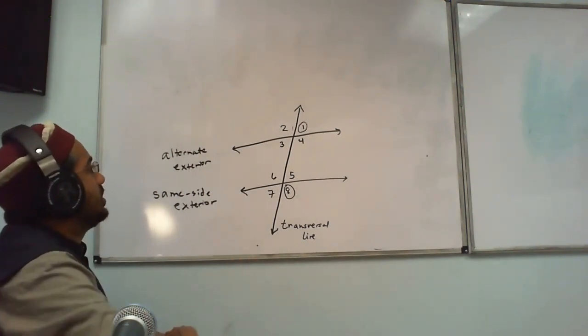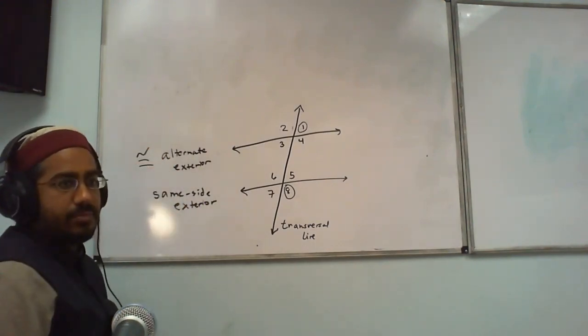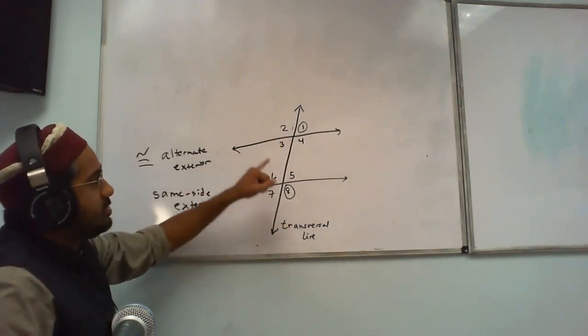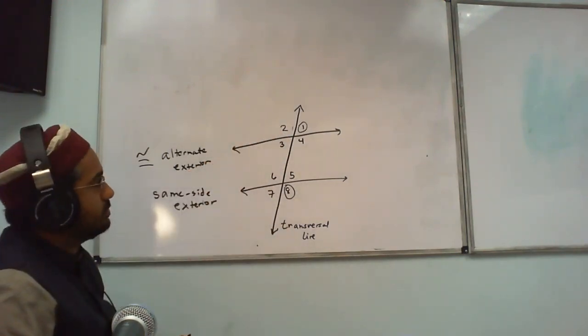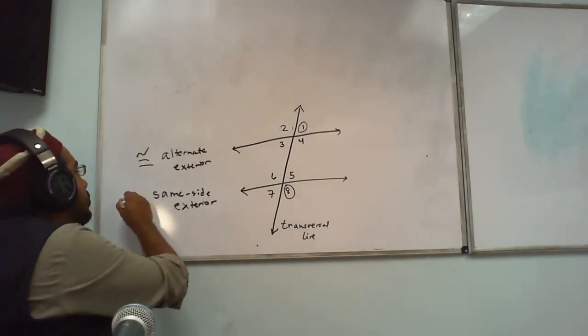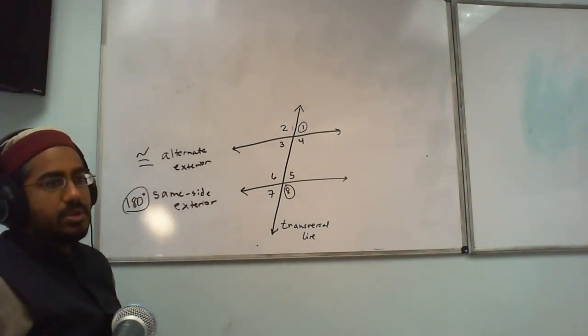What is the relationship? Remember we said alternate exterior angles are going to be congruent to each other. What about same side exterior? What is going to be the relationship between 1 and 8 or 2 and 7? They're going to add up to 180. They're going to be supplementary.